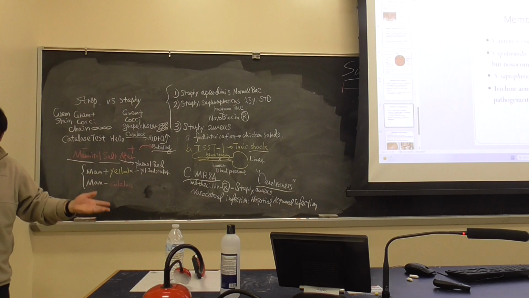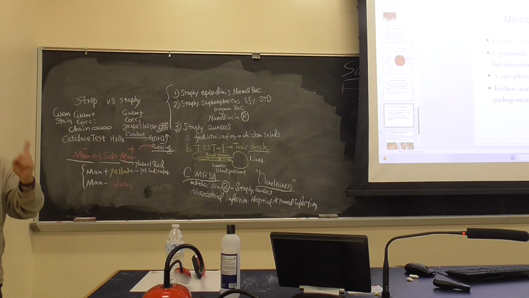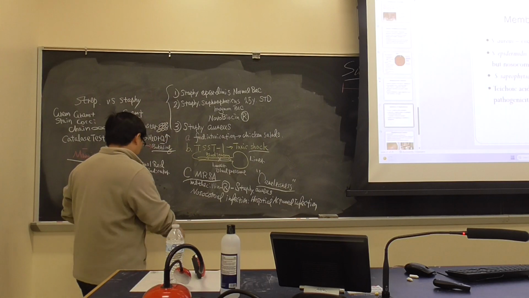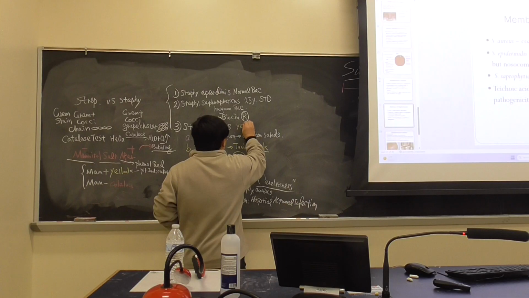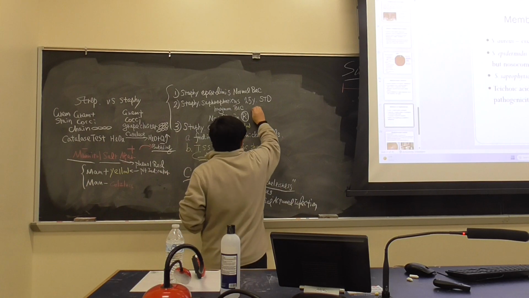So in other words, in this media, if you see a yellow colony, it is mannitol fermentation positive. Staphylococcus aureus is yellow color. Staphylococcus saprophyticus is colorless.